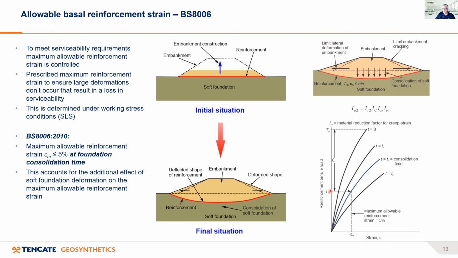That gives us the load in the reinforcement, and then this factor is applied to calculate what needs to be the initial strength of the reinforcement. So it's this we get from these isochronous creep curves at 5%, not the normal conventional load strain curves.